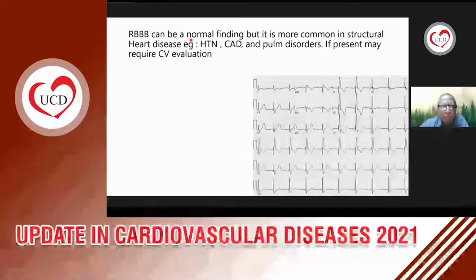However, the biggest problem is in several patients, it can be a normal finding. Also, it is a marker of structural heart disease like hypertensive heart disease, coronary disease, and especially pulmonary disorders. So even though by itself, it may not indicate a need for a pacemaker, it will tell you that you need to investigate this patient further.